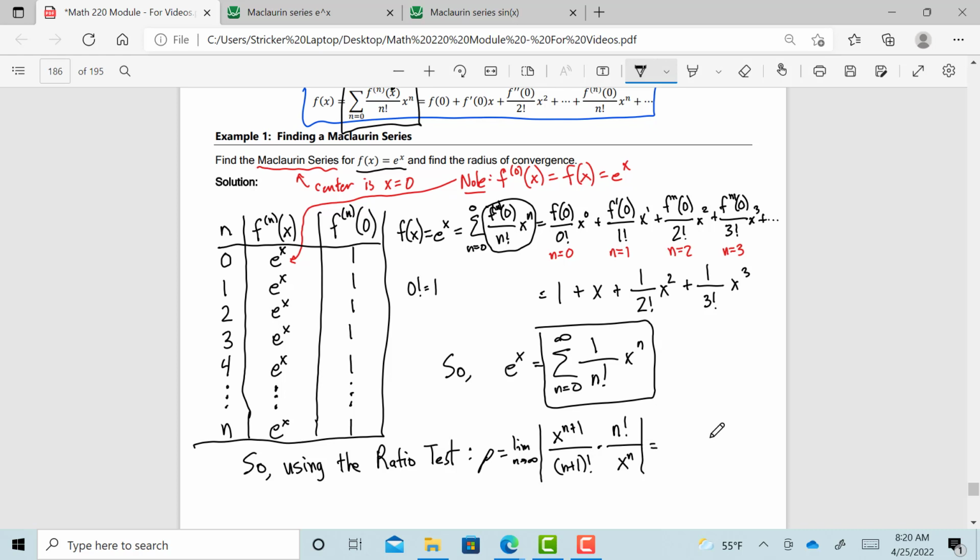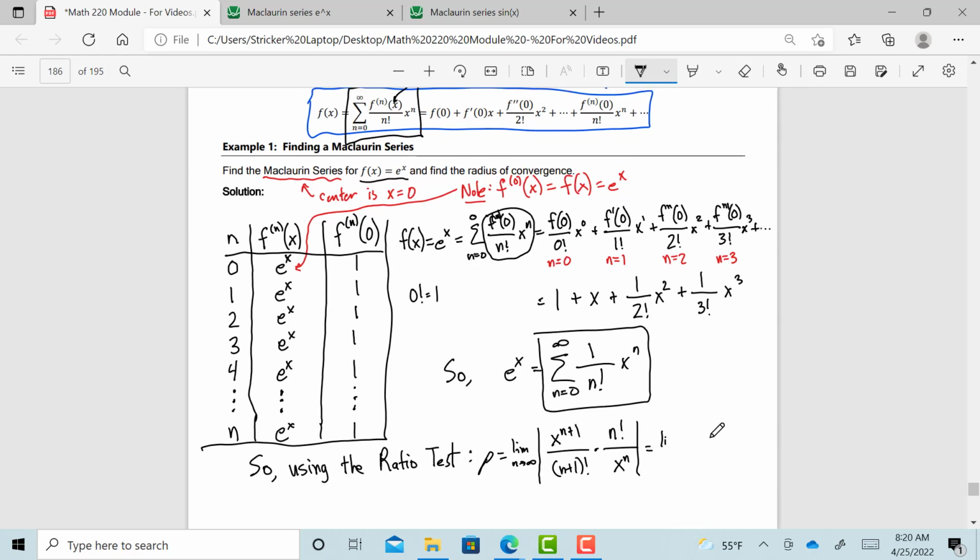And when you simplify that, you get the limit as n approaches infinity of basically x over n plus 1, right? And as n approaches infinity, this is going to approach 0, which is always less than 1.